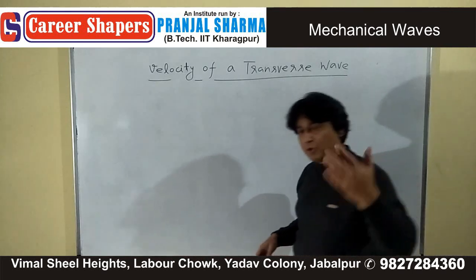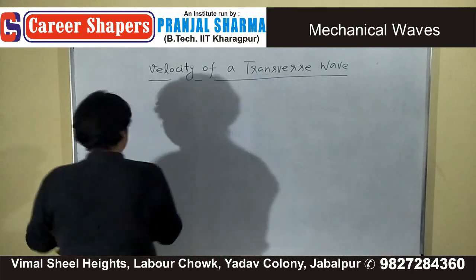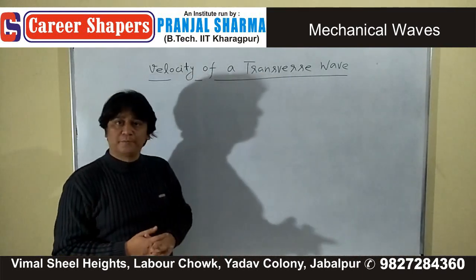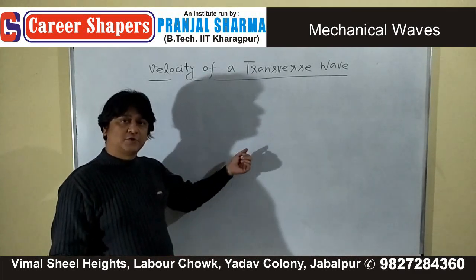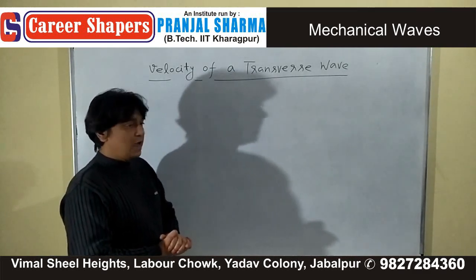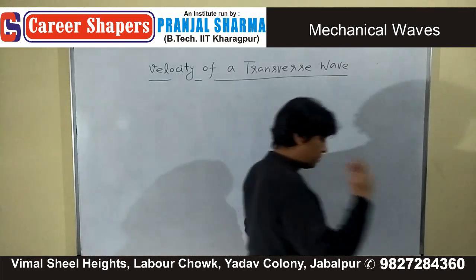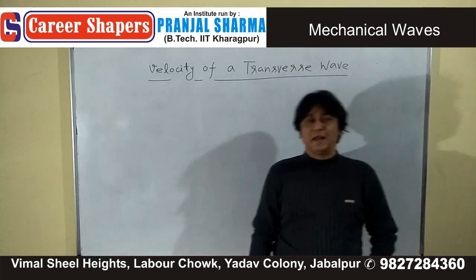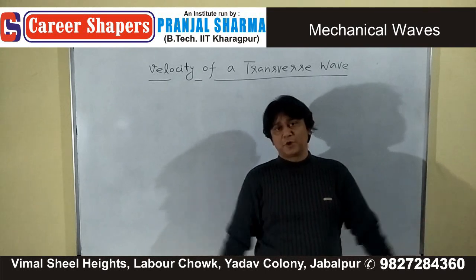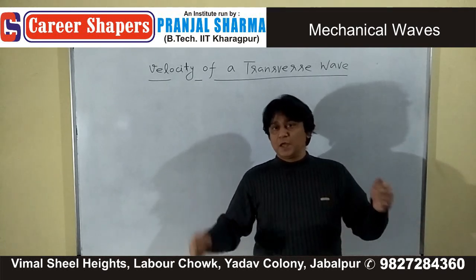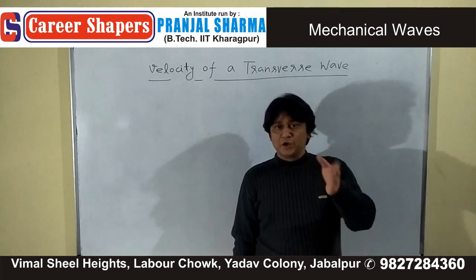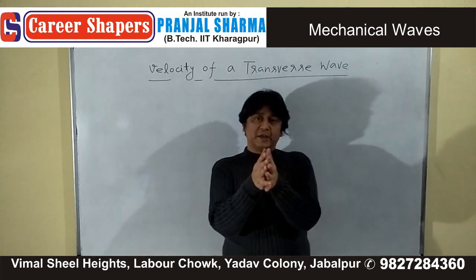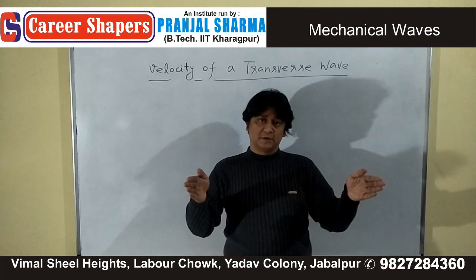So you need to have what? Tension force. This tension force in the rope decides the elastic property, and mass per unit length of the rope gives you the inertial part. Inertial part means all these molecules are at rest.